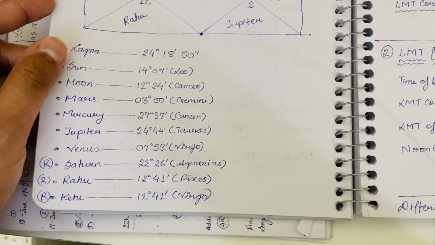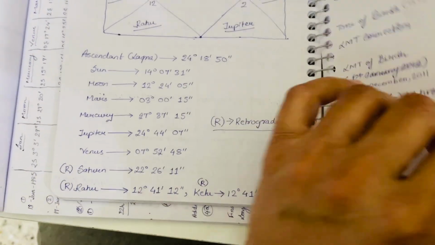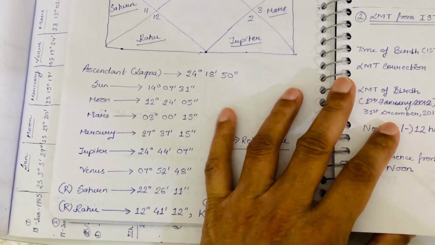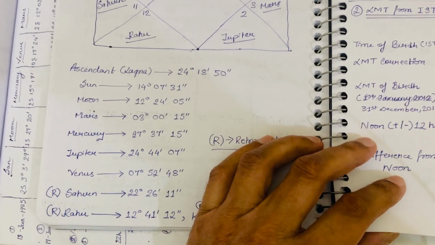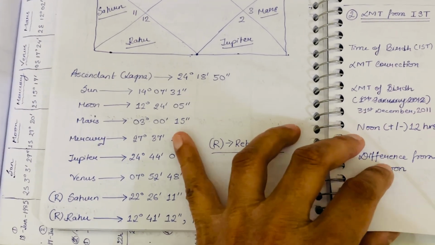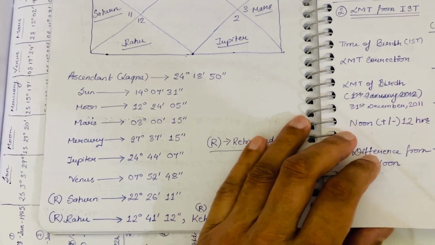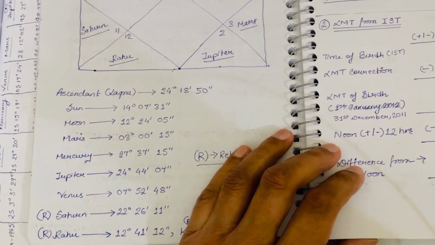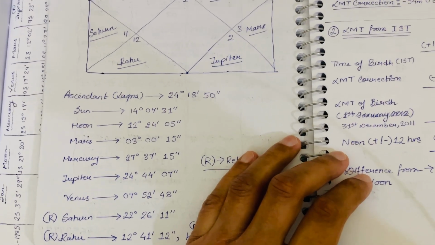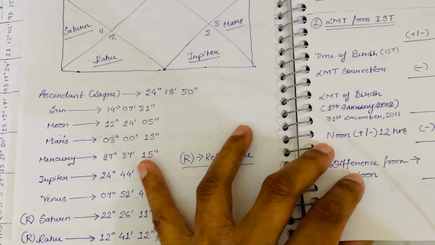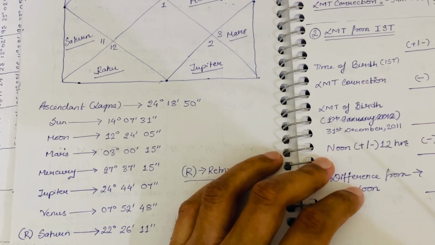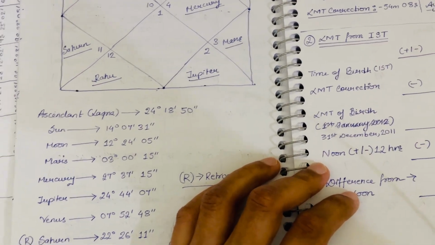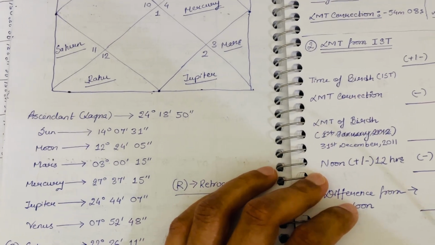So don't get confused by that. Like I told you in the beginning of today's class, if the seconds value is less than 30, the minutes value remains the same and you can just wave off the seconds. If the seconds value is greater than or equal to 30, then the minutes value increases by 1, and then you get your longitude of the planets, nearest to degrees and minutes.